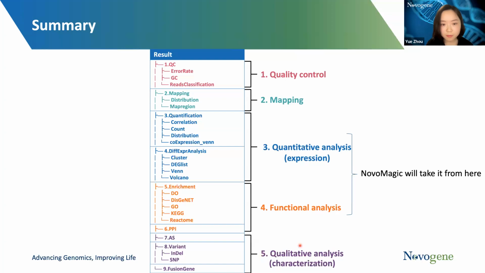The input file for those characterization analyses is the BAM file, which is a much larger file compared with the input file for the expression analysis, such as the recount file. So it takes more resources. So far it's not included on the NovoMagic platform, but it's definitely included in our standard analysis.